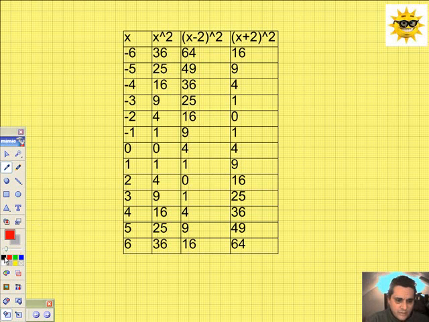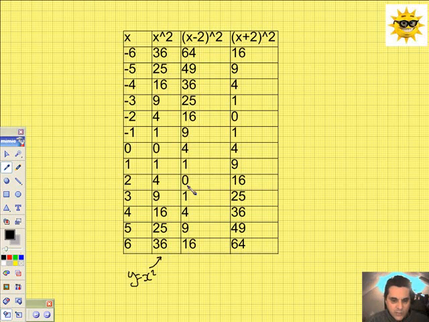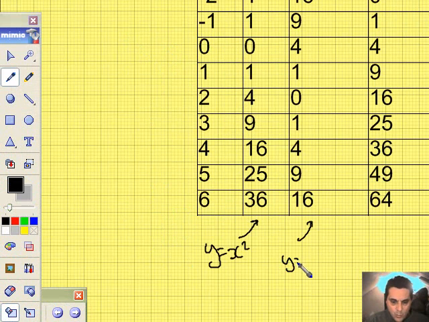Here I go again. What I've got here is more equations. Y equals x squared. Remember, this is going to be my basic f(x), my basic function against which I compare all my other transformations. So that's the basic y equals x squared one. Here I've got y equals (x minus 2) squared. Okay, y equals open bracket x, take away 2, and then square it.